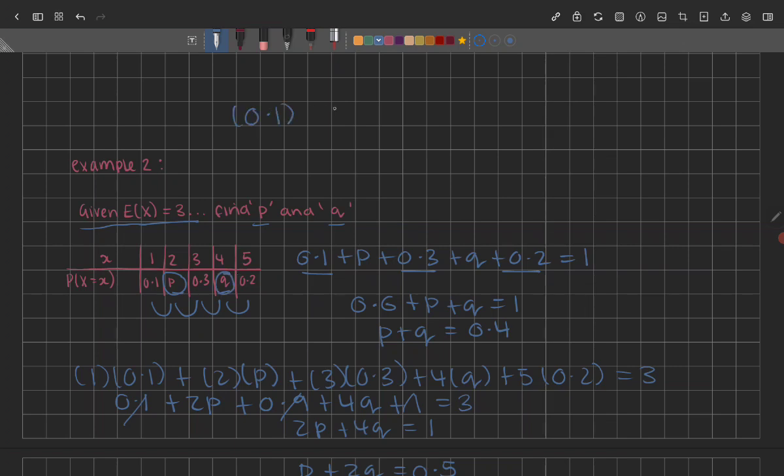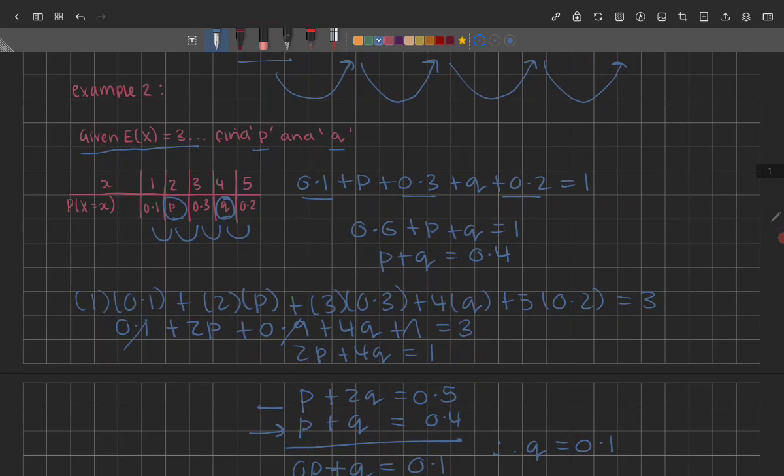So 0.1, add p, which was 0.3, add 0.3, add q, which was 0.1, add 0.2, and all of this: 0.1, 0.4, 0.7, 0.8, 1. This all adds up to 1, and therefore we've completed this exercise correctly.